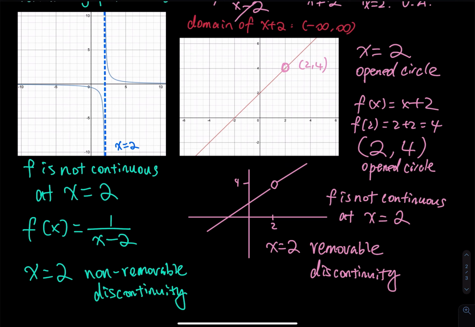That's the comparison between removable and non-removable. So simply speaking, non-removable is you cannot get rid of the vertical asymptote. Removable is you can do some algebra to get rid of the vertical asymptote. So after you get rid of the vertical asymptote, it becomes an open circle. But at that point, x cannot be equal to 2.